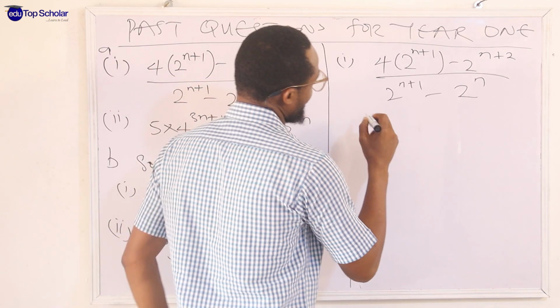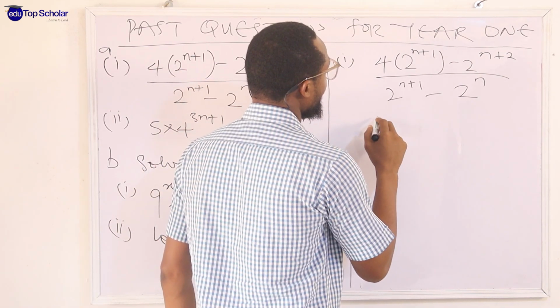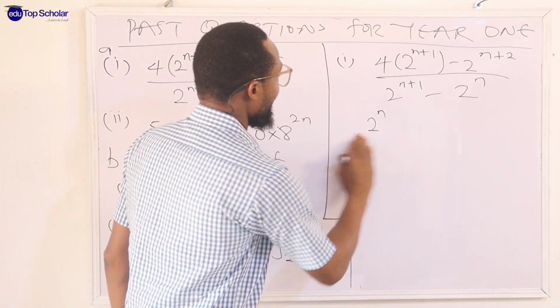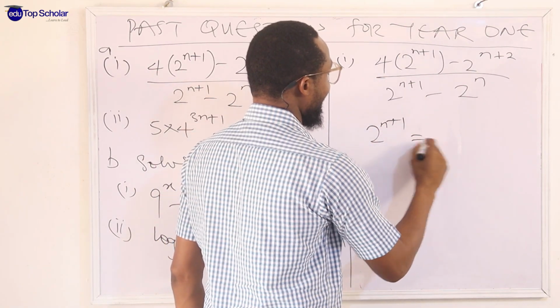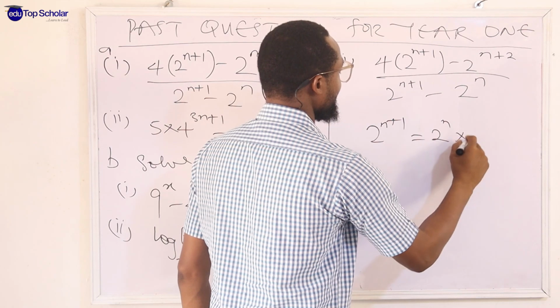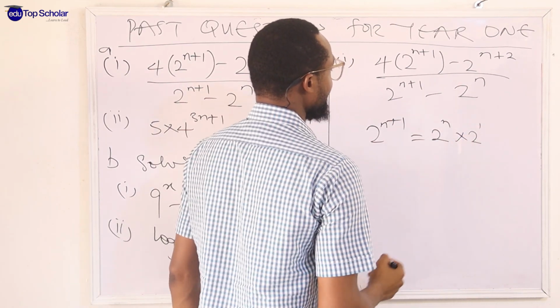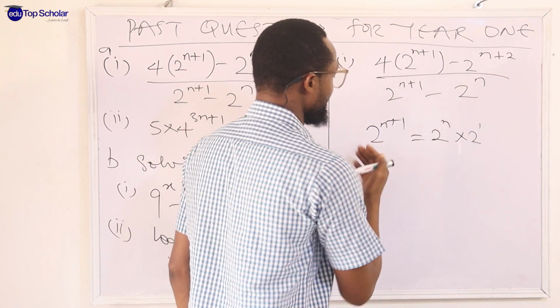So we want to explore that. For this, we have 2 raised to power n common to all of them. Besides, I can rewrite 2 raised to power n plus 1 as 2 raised to power n multiplied by 2 raised to power 1, as the case may be. And for these two, we will do the same.